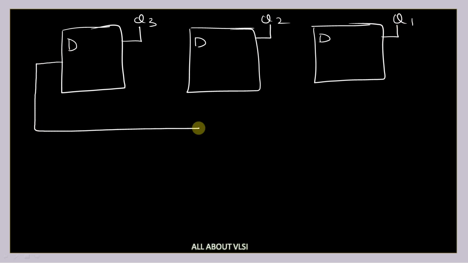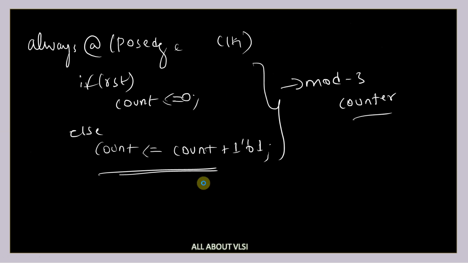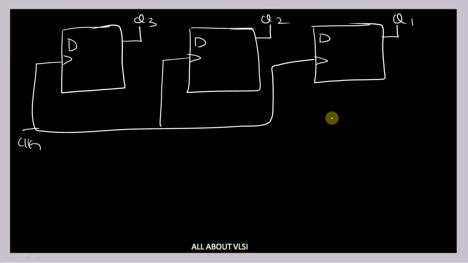If you are writing it in Verilog, your design is going to look somewhat like this. Not exactly, we will have some extra combinational logic to avoid the state 1 1. You should only count up to 0, 1 and 2, right? So we'll have one AND gate which is going to control this not to enter into state 3. That logic I'm not drawing here for simplicity.